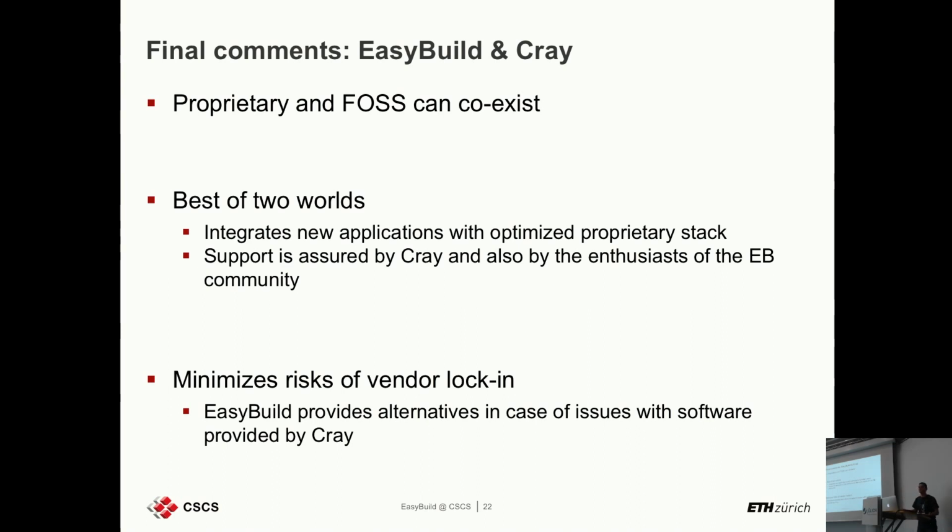So here with EasyBuild, we have this feeling that we have the best of the two worlds, because whenever we need open source software, we can just try it beside the proprietary one, and then in the future we might start also comparing how the EasyBuild config files will do with MPI also on Cray. So in the future, we don't want to be stuck with Cray for the rest of the life. Sometime in the future they might not be giving a good stack, so it's good to have the opportunity. So it's one of the things that we want to try out in the future, is to do more and more open source. So this is something that EasyBuild can help us with.